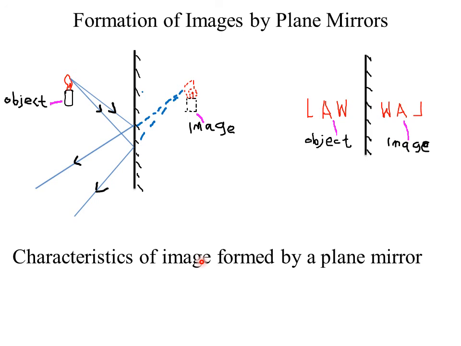Then the second characteristic is that the image is the same size as the object. Then the last characteristic is that the image is virtual, erect, and laterally inverted.